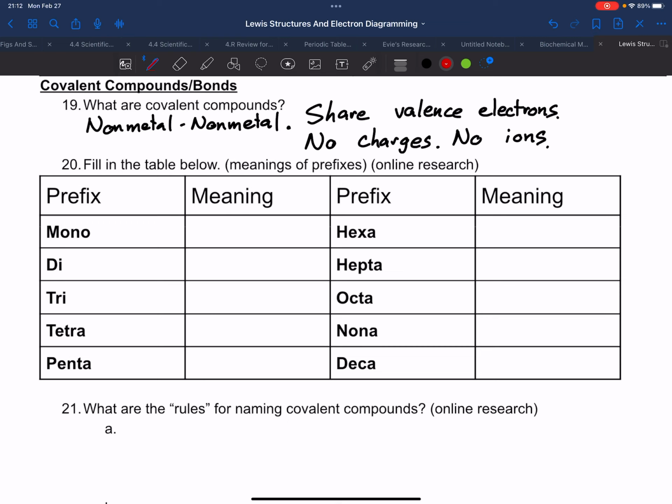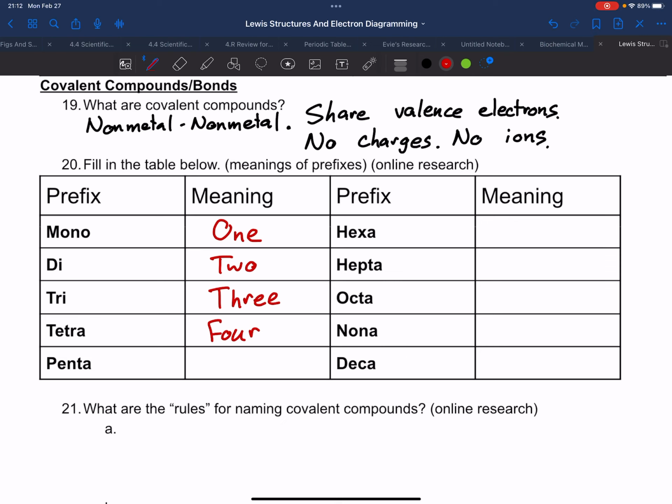All right, so mono means 1. You can think about the monorail or a monocle. Di means 2. Tri, like tricycle, means 3. Tetra means 4, like the game Tetris.